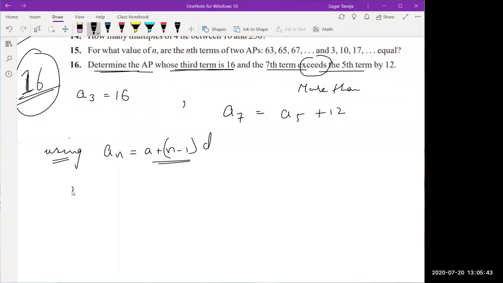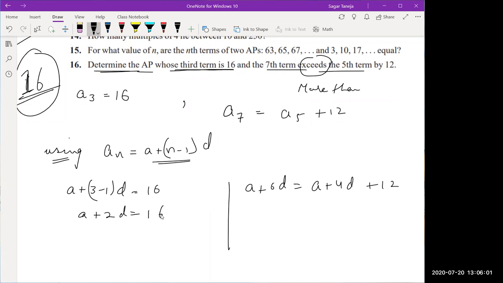A3 can be written as a plus 3 minus 1 d, so a plus 2d is equal to 16, making it the first equation. Then this side we can write a plus 6d, and this as a plus 4d, and here 12.